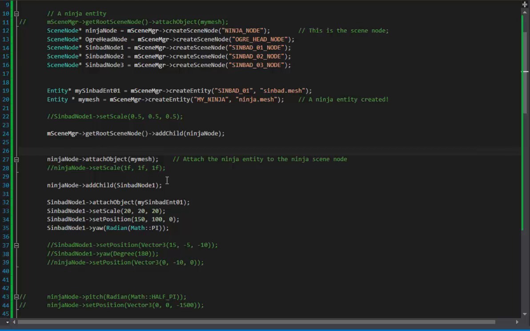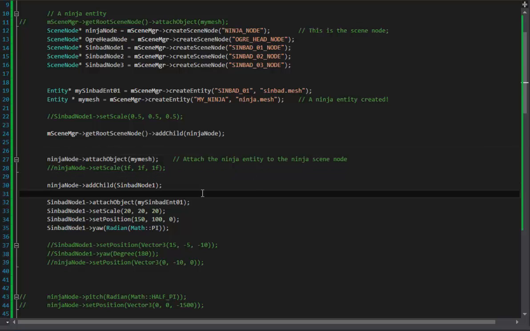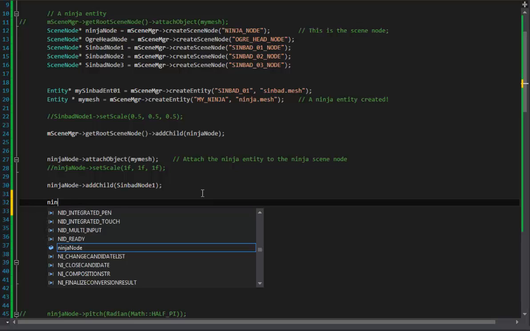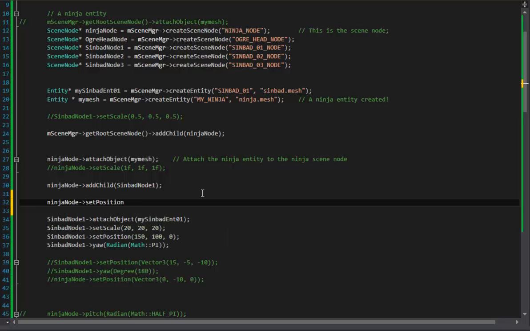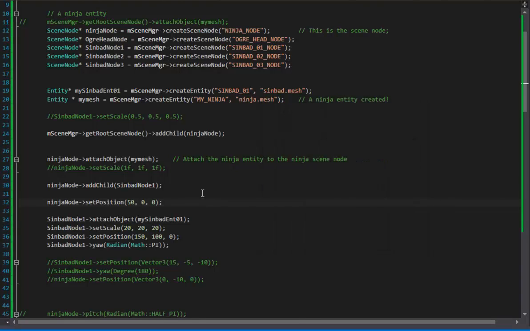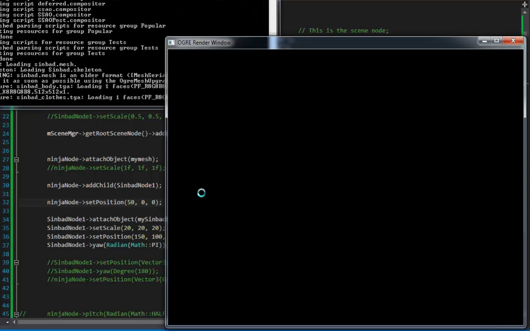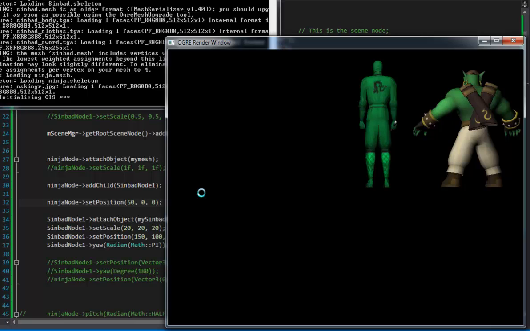So I'm going to do Ninja node set position to 50 units on the right and still at the center. That's about right. And that might make the Sinbad a little bit off the screen, but that's fine because we're going to rotate everybody down and move everybody downwards anyway. Okay, yeah, this is actually perfect.